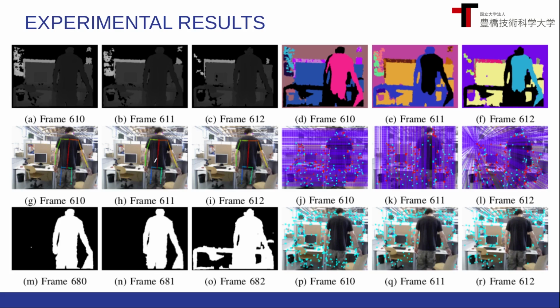We use the results of human detection, k-means segmentation, and geometric check to generate the mask of dynamic objects. These masks are used to remove dynamic features on the dynamic objects.